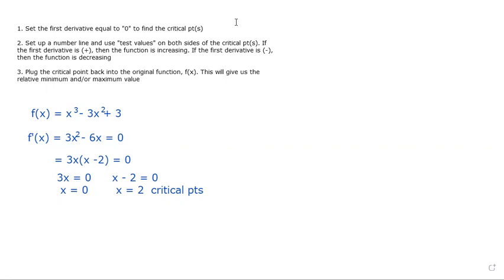So now we've got our critical points, and what I want to do is set up the number line that we were talking about. We're going to set up this number line, and we're going to use 0 and 2, our critical points.